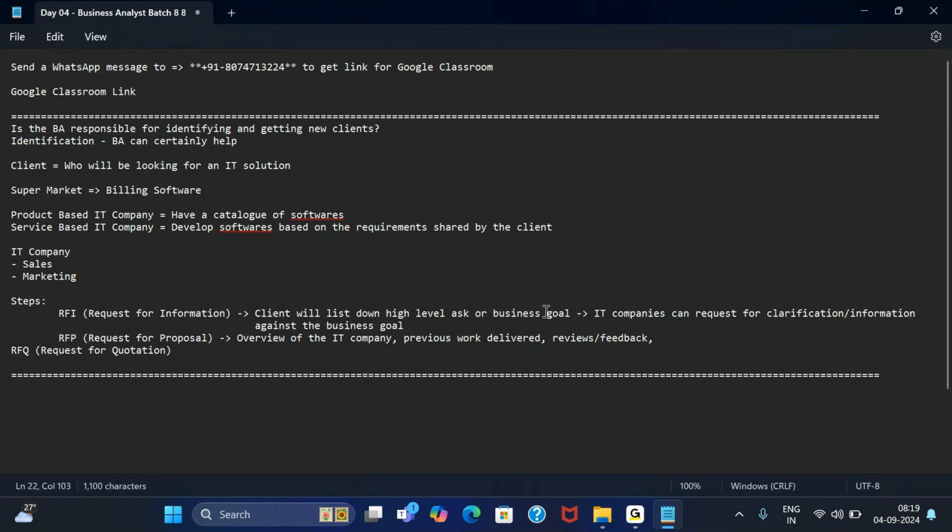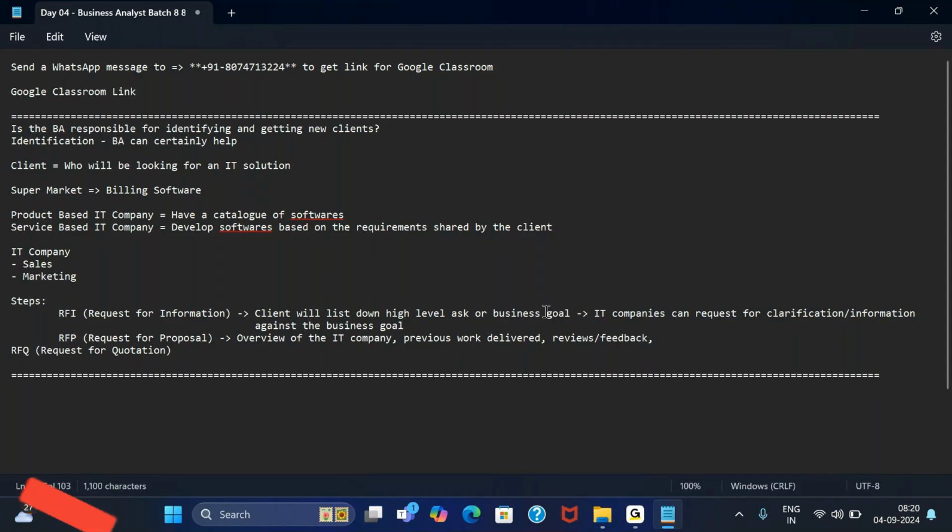Or if you go for high premium insurance, health insurance, life insurance, any high-end product where you are going to spend some money, typically the sales team will give you a brief overview about the company, how long they have been in the business, what kind of work we do, how clients have given us feedback.